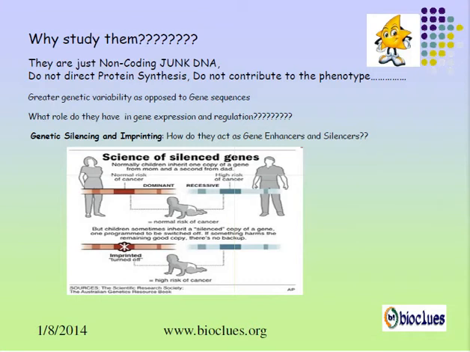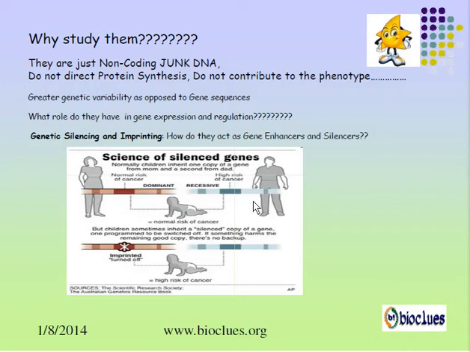So, imprinting is an epigenetic phenomenon which could occur because of DNA methylation or a histone modification, most probably in the non-coding part of the DNA before the gene. So, look at this example. Generally, a child inherits one copy of a gene from the mother and another copy from the father.